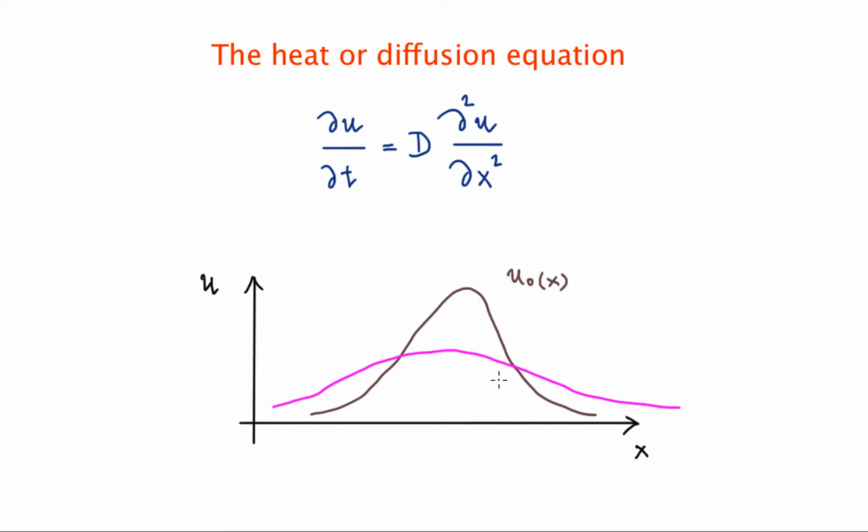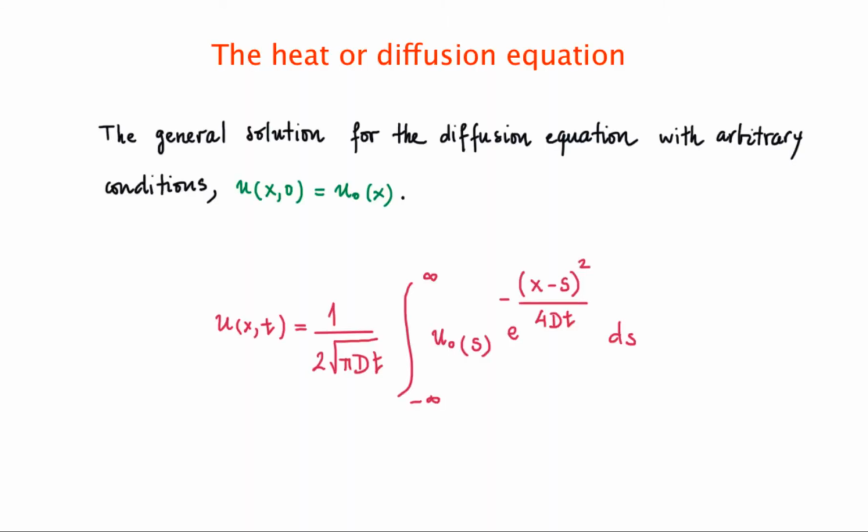And not only intuitively or qualitatively, as we are showing here, we can also have the analytical solution for that equation. Of course, just in the case of the D parameter in the equation being constant.